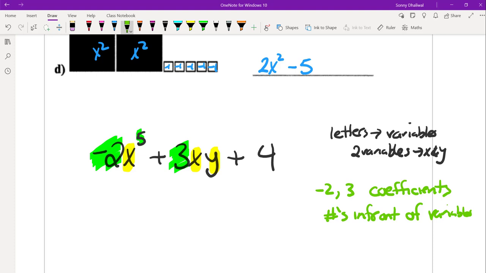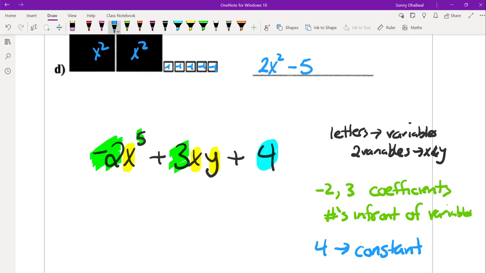Then you have this lonely guy over here. A number without a variable. That is called a constant. Okay, a number without a variable attached to it. So you need to know what variables are. You need to know what coefficients are.